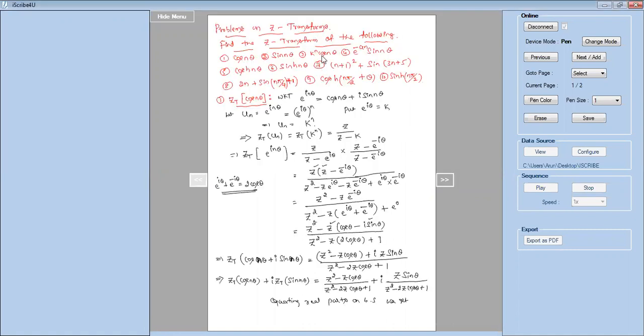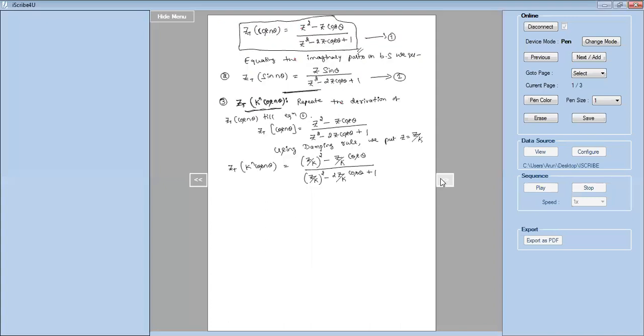Now in the same way for problem 4, the problem is the Z transformation of e power minus an into sine n theta. I'm asked like this. Then what do we have to do?